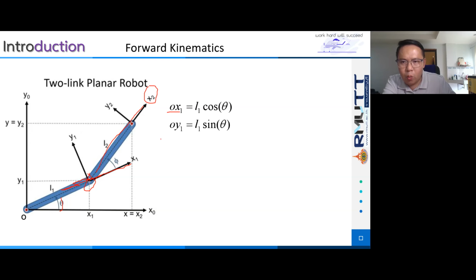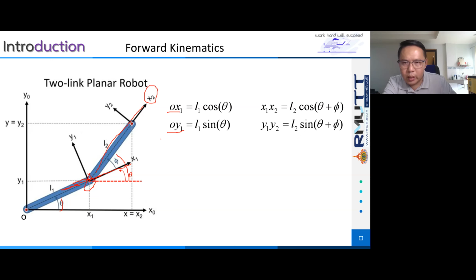The OY1 equals L1 times sin theta. Like this, for the L2 link, the second link is at an angle phi plus theta.